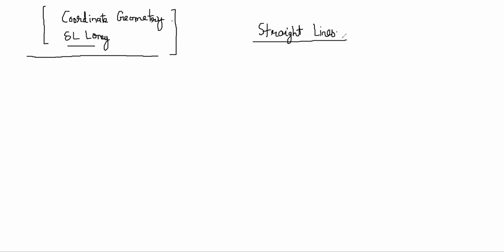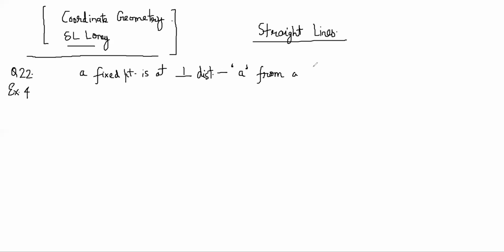Basically, question number 22 is this: a fixed point is at a perpendicular distance A from a fixed line, and a point moves so that its distance from the fixed point is always equal to its distance from the fixed line.